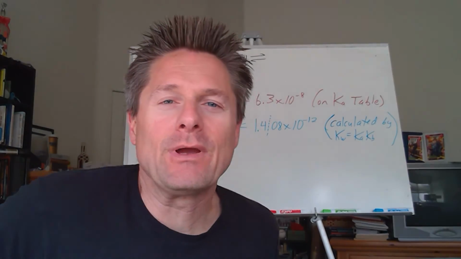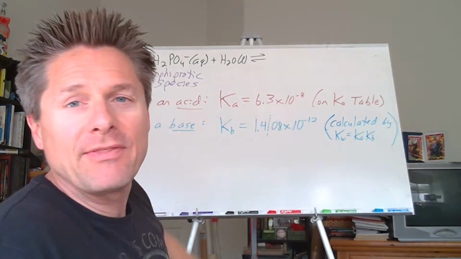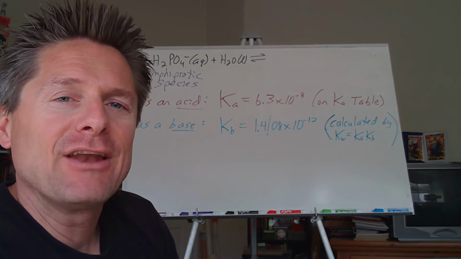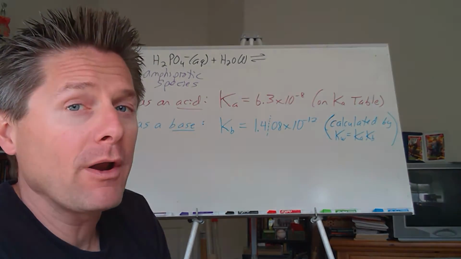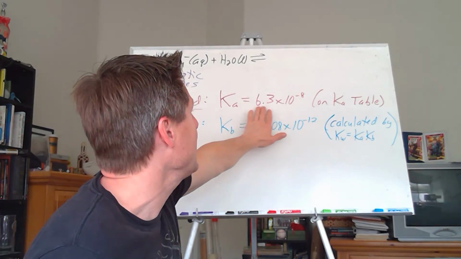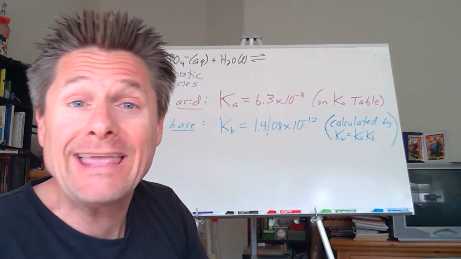All right, this is going to be the end of our video here. I summarized our results. We're looking at the amphiprotic species H2PO4 minus, or the dihydrogen phosphate ion. We looked at the different reactions of it ionizing in water in both scenarios. We saw that acting as a weak acid, it had a Ka value of 6.3 times 10 to the minus 8. We found that on the Ka table.